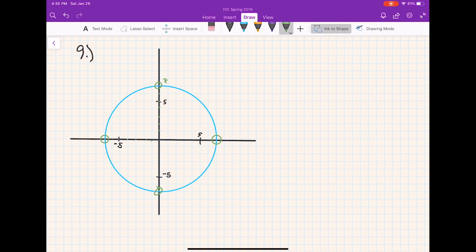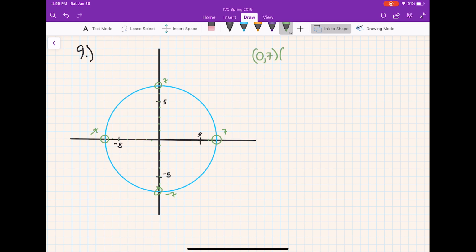This is 7 to the left, so that's going to be a -7. This is 7 down, so that's also going to be a -7. And this is 7 over here as well, so it's a perfect circle. So we just got to put a bunch of zeros with these 7s.